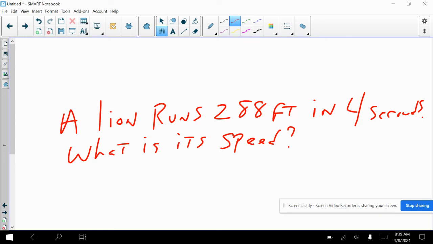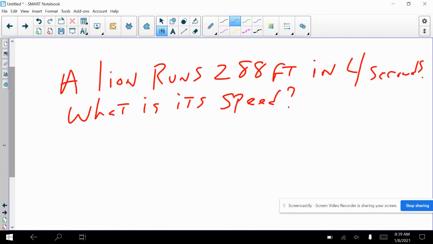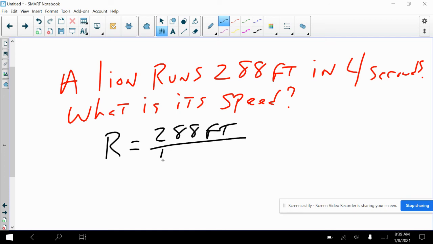A lion runs 288 feet in 4 seconds. I know. You guys outswam the shark and you're going to outrun the lion. So our rate here, the distance is 288 feet in 4 seconds.